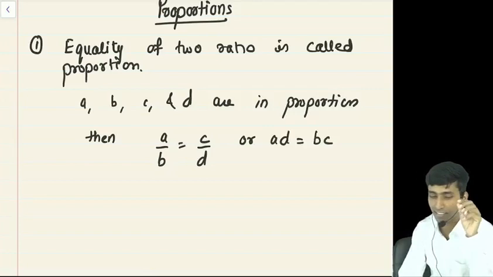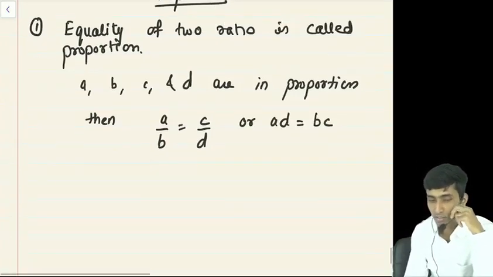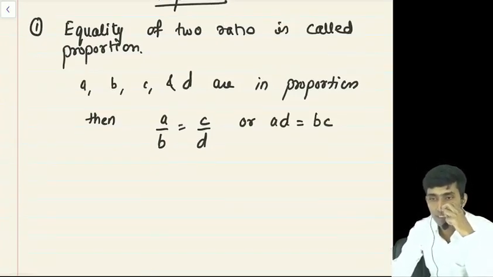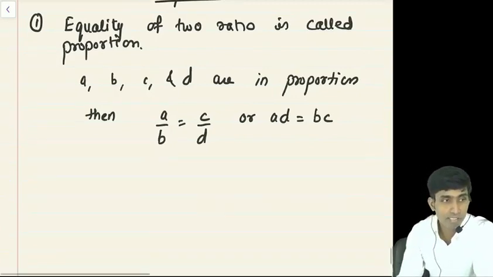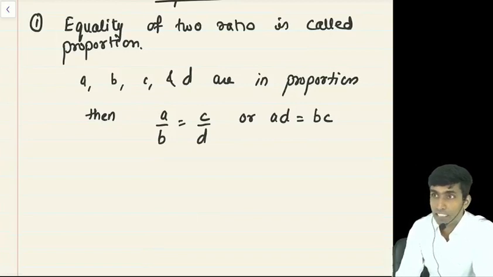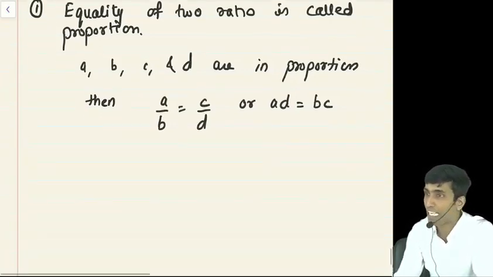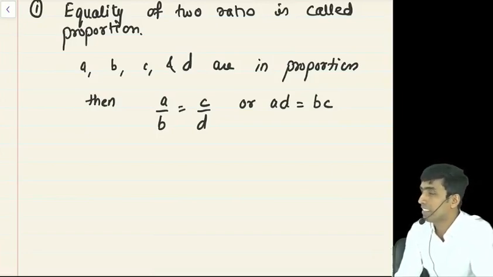Those who are talking, you will never come to know when the chapter got completed. Please concentrate. Very easy. If A, B, C, D are in proportion, then A by B is equal to C by D. If I cross multiply, AD is equal to BC. Understood?